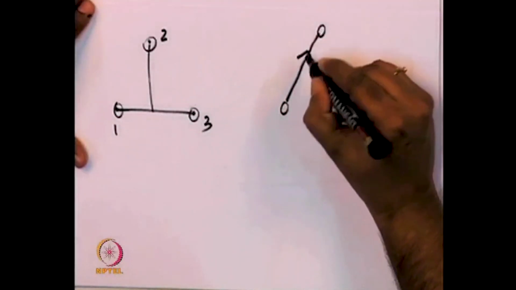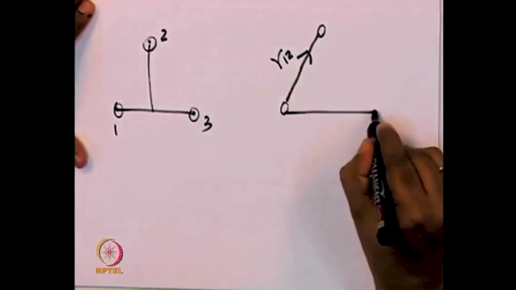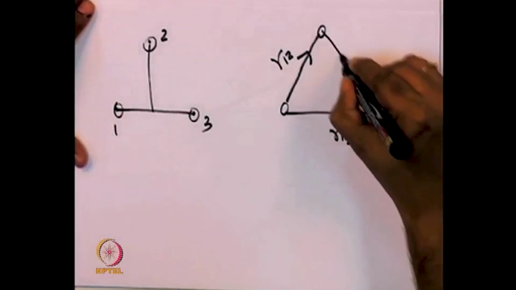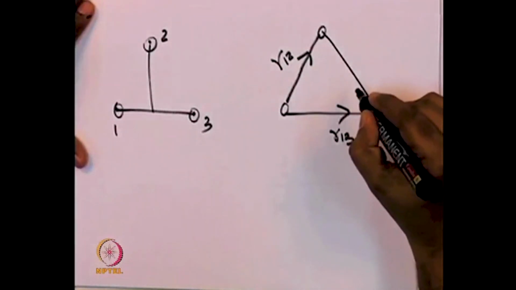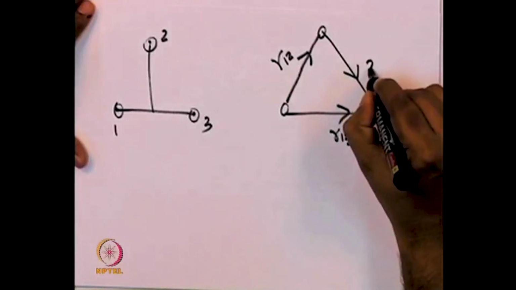R12 is this distance, R13 is this distance, and R23 is this distance from 2 to 3.